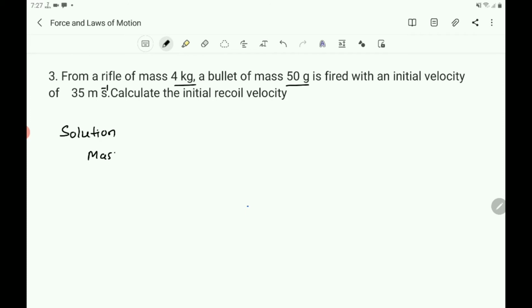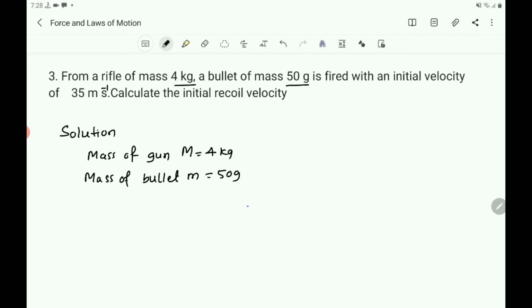Mass of gun, let us take it as capital M, equals 4 kg. And mass of bullet, let us have it as small m, equals 50 gram.